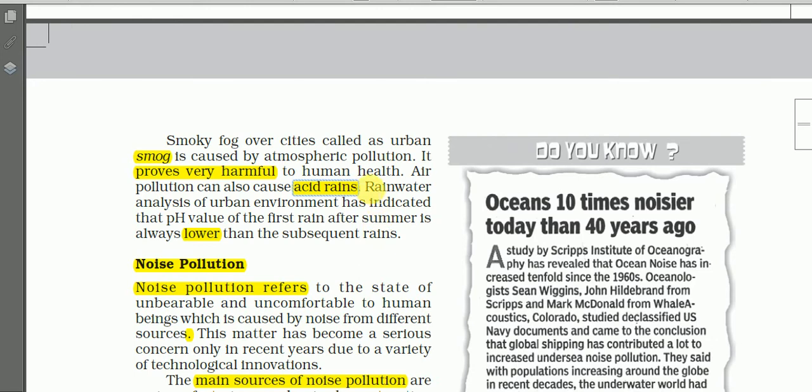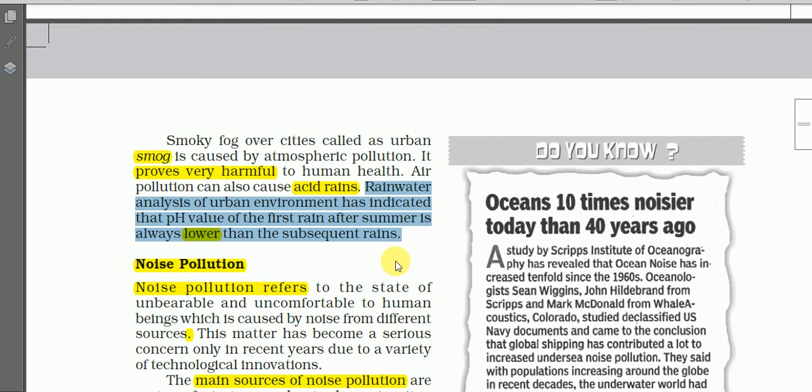And let us continue. Rainwater analysis of urban environment has indicated that the pH value, that is, hydrogen ion concentration, of the first rain after summer is always lower than the subsequent rains. So in the urban environment, in the big cities, the pH value of the first rain after summer is always lower than the subsequent rain.